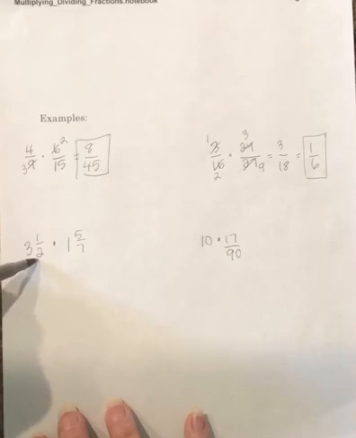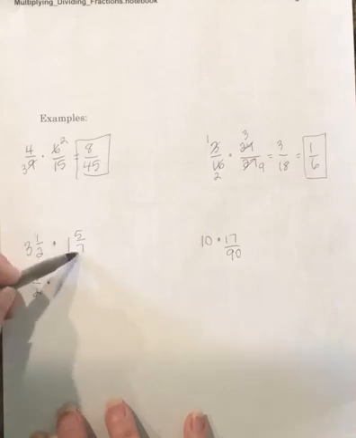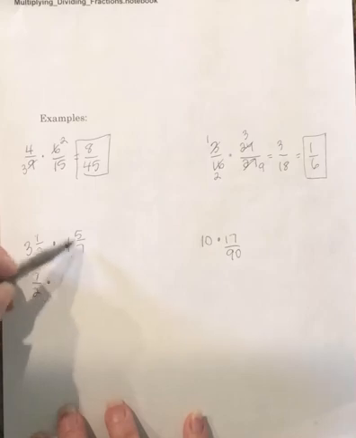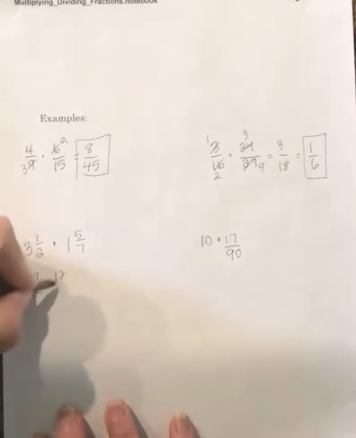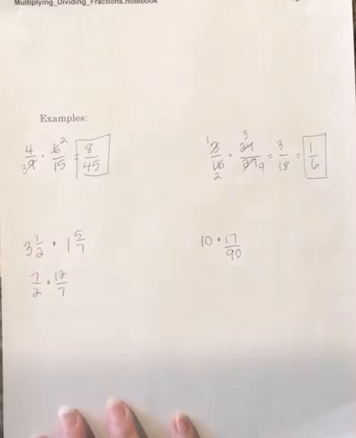So 3 times 2 is 6, and 6 plus 1 is 7. Keep the denominator. 1 times 7 is 7, and 7 plus 5 is 12. Now I'm going to see if I can cross cancel anything because I want to reduce within my problem.